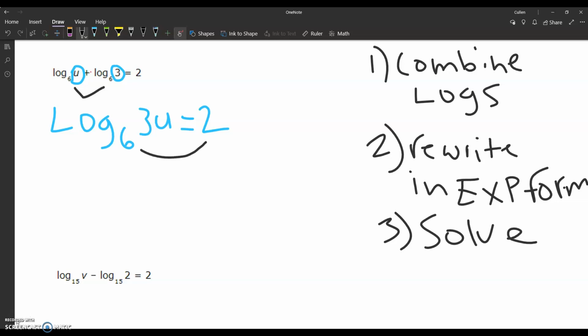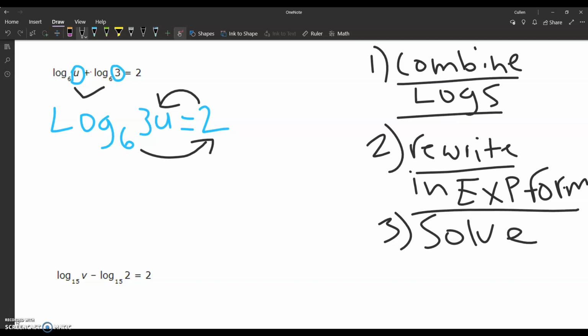And now I'm going to rewrite this in its exponential form. So that was step number 1, I combined those logs. This is step number 2 right here, I'm rewriting in the exponential form. And I'm just going to write this statement now as 6 squared, so 6 to the second power, equals 3u. And now you just finish solving.